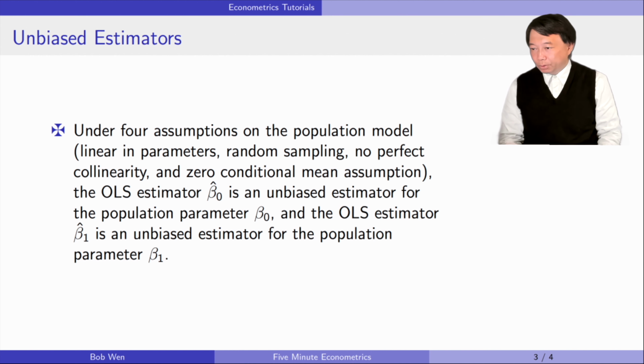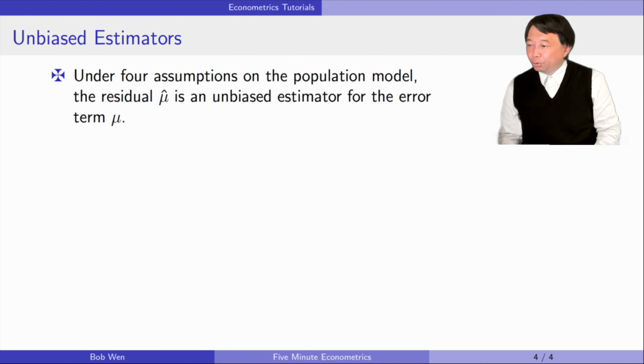Under four assumptions on the population model: linear in parameters, random sampling, no perfect collinearity, and zero conditional mean, the OLS estimator beta 0 hat is an unbiased estimator for the population parameter beta 0, and the OLS estimator beta 1 hat is an unbiased estimator for the population parameter beta 1. We can also demonstrate that the residual mu hat is an unbiased estimator for the error term mu.